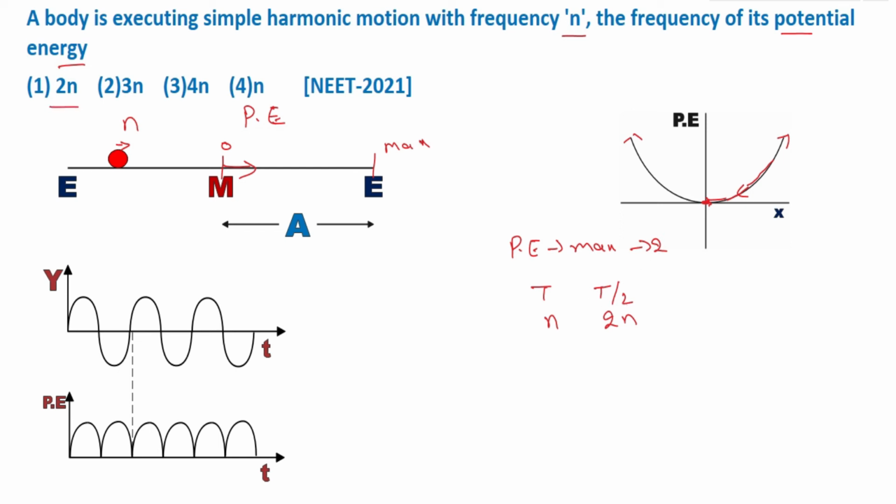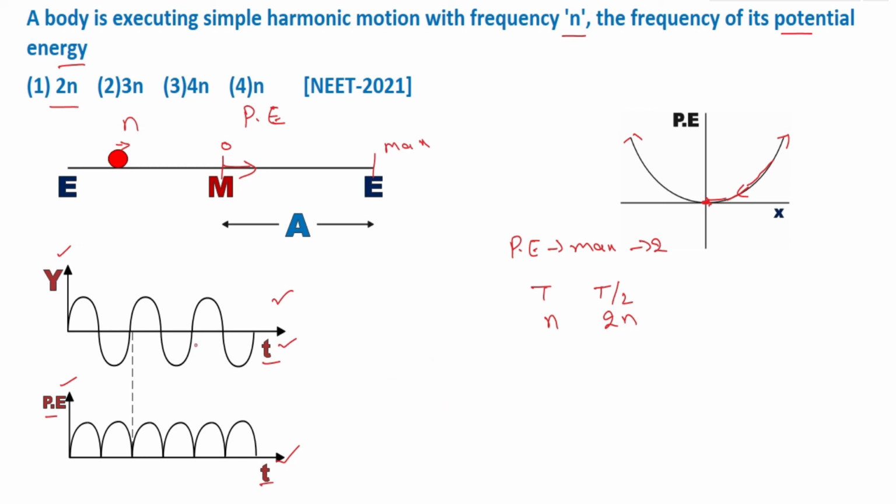Now let us try to solve this sum using the displacement time graph and the potential energy time graph. This is the graph that shows the variation of displacement with respect to time, and this is the graph that shows the variation of potential energy with respect to time.